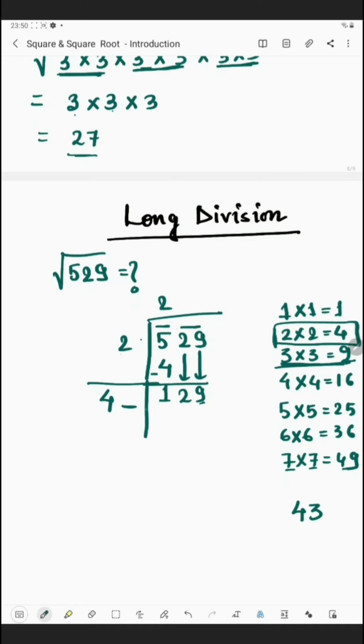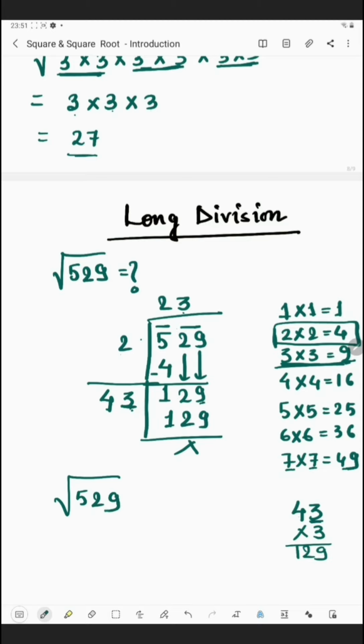If you take 3 beside 4, then 3 should be taken to multiply. So 3 3s are 9, 3 4s are 12. So what we have got? We have got 129. So here we will put 3, and this 3 we will put here and also here. So 43 3s are 129. Okay. So the square root of 529 will be 23.